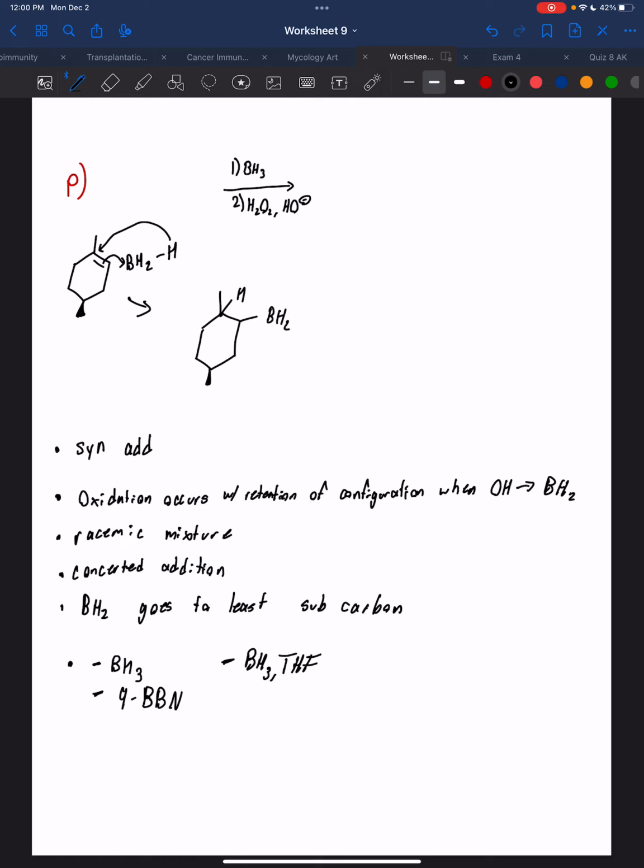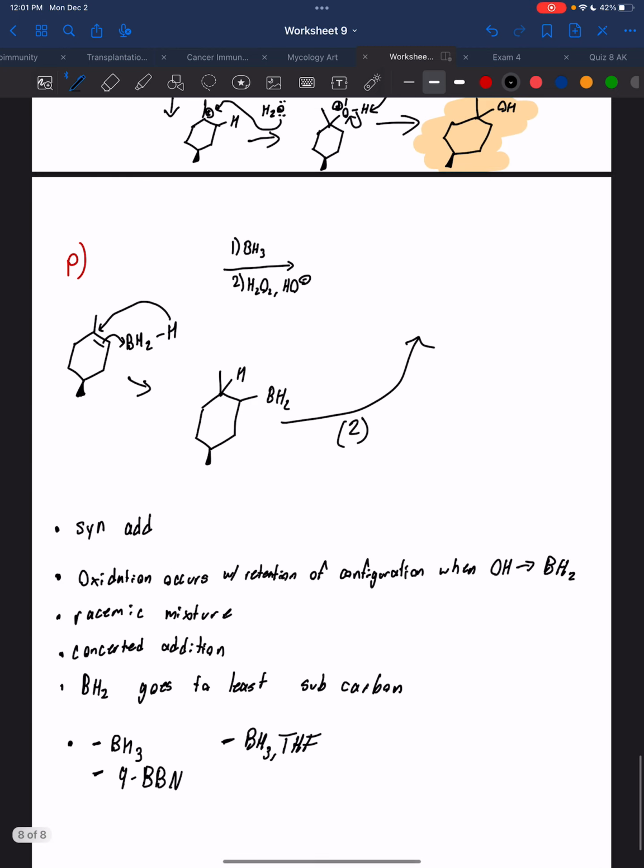Again, BH2 goes to your least substituted carbon. And step 2, which is all I have, because I'm pretty sure they don't show us the mechanism for this step 2, is it just gets replaced. The BH2 gets replaced. I'll write the basic structure of both of the compounds that I'm expecting. The reason I'm writing 2 of them is because I'm expecting syn addition, so there's 2 ways that I can add it.